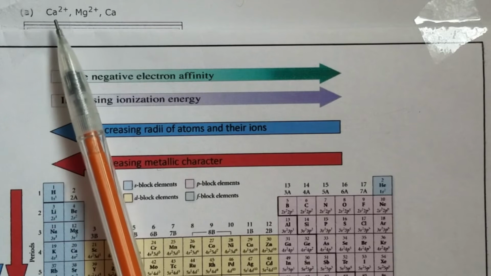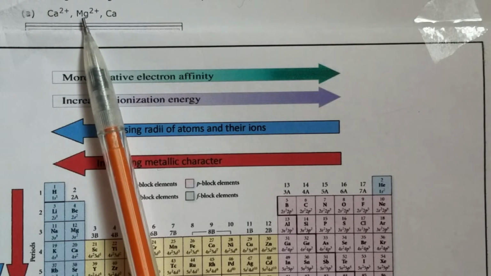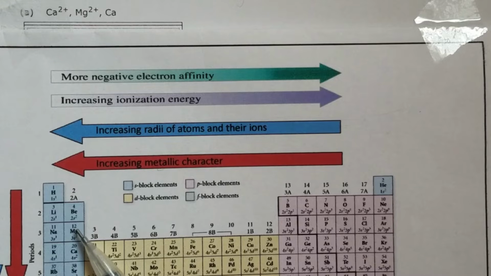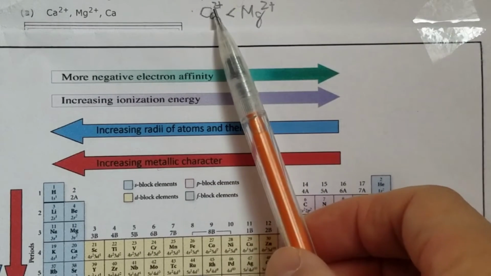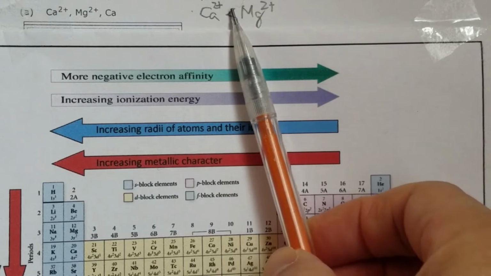Okay, in the question, we have calcium and magnesium. So calcium is right here. Magnesium is above calcium, which means the calcium size should be larger than magnesium. Is that right? Okay, so I write down then calcium 2 plus is, oh, this is wrong.